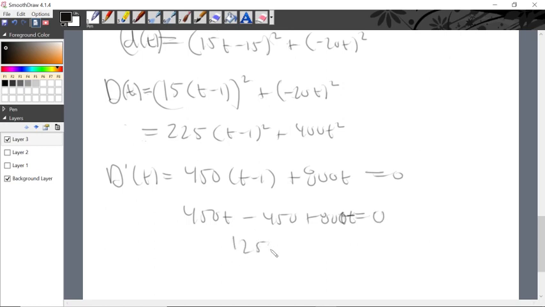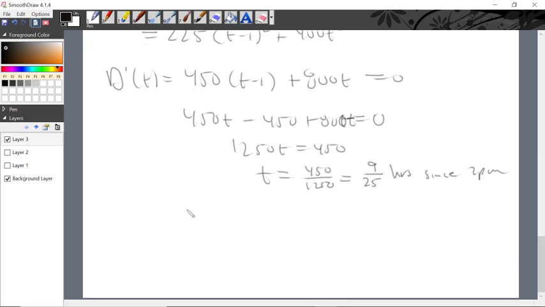So that's 1250t equals 450, so t equals 450 over 1250. Dividing by 50, we get 9 over 25 hours since 2 p.m. 9 divided by 25 is 0.36 hours since 2 p.m.